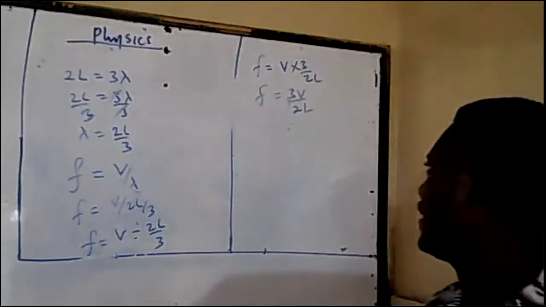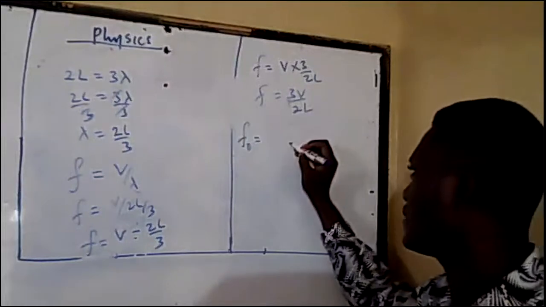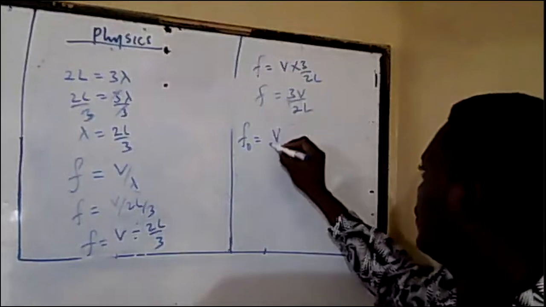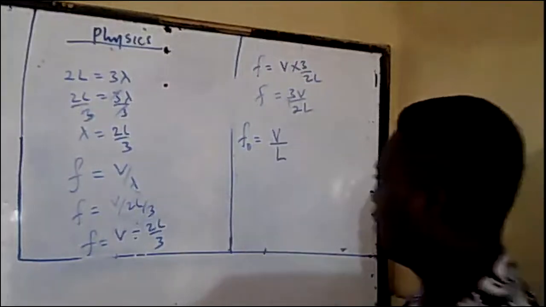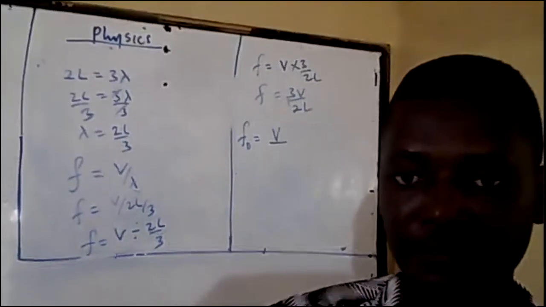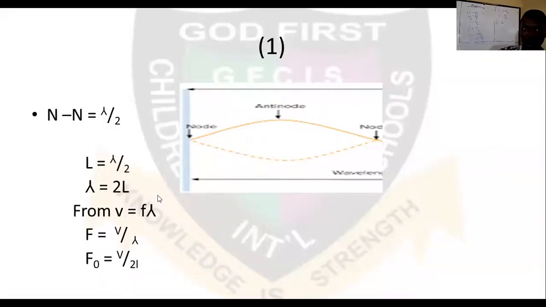So what did we actually get now? The first one, F for fundamental frequency, we got what? Let's go back and recall what we got. The first one has V over 2 lambda.